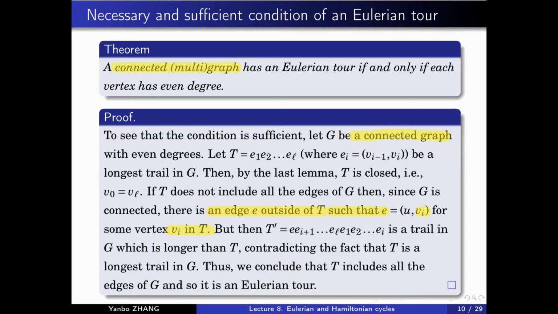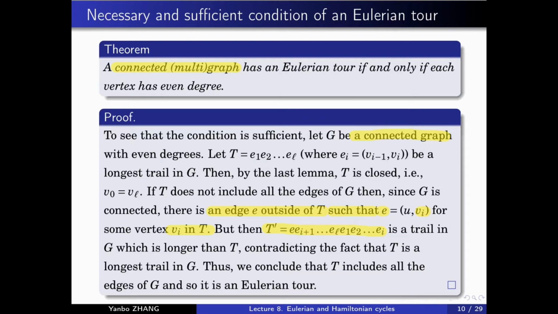But then we have another trio T prime from E to E(i+1), E(i+2), up to EL, and then to E1, E2, up to Ei. This is a trio in G, which is longer than T, contradicting the fact that T is the longest trio in G. Thus, we conclude that T includes all the edges of G, and so it is an Eulerian tour.